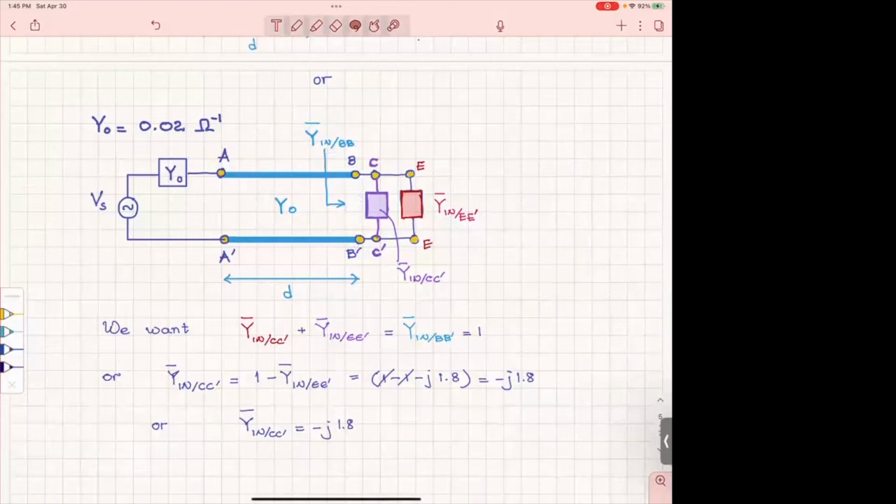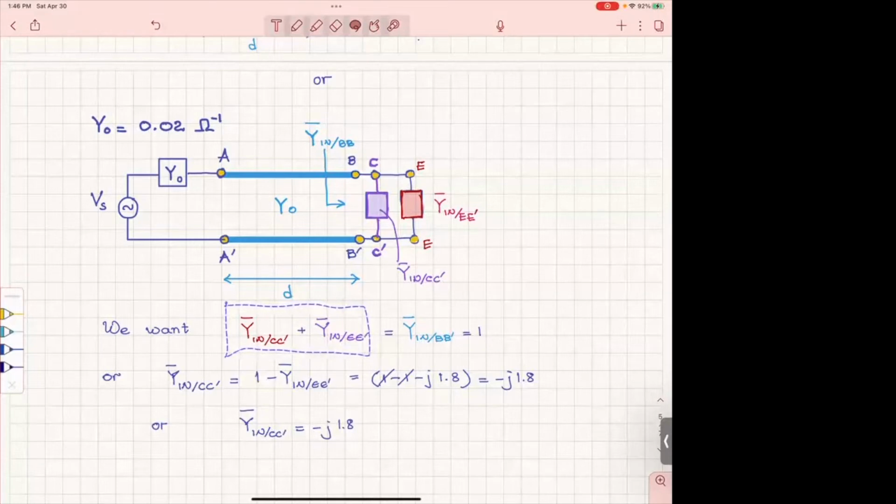So the condition for a perfect match at this point, BB prime, for everything that happens before it, is that the sum of these two admittances, because they are in parallel, equals 1. And that's why we have to move to admittance, because the Smith chart can only add things.